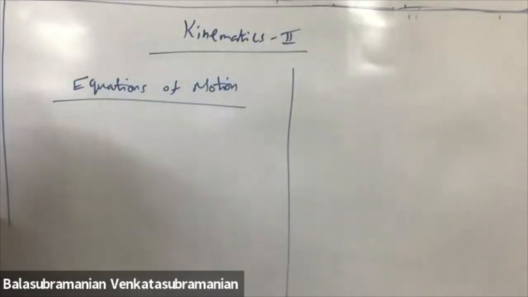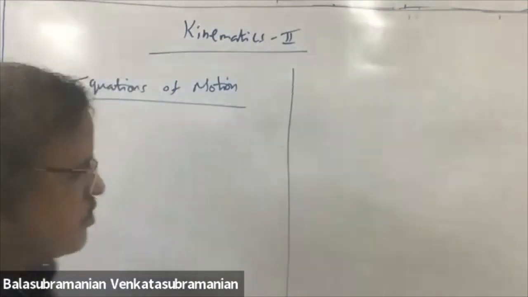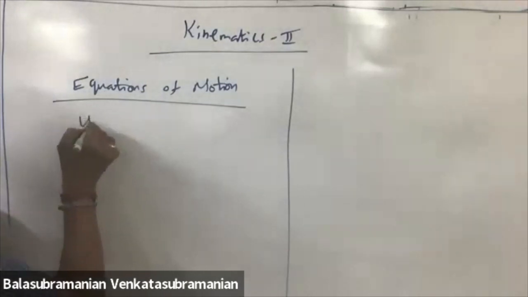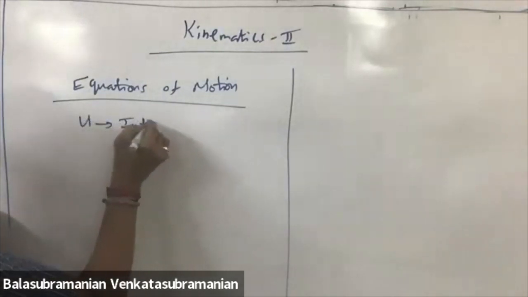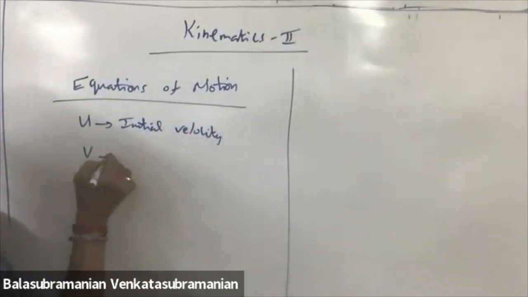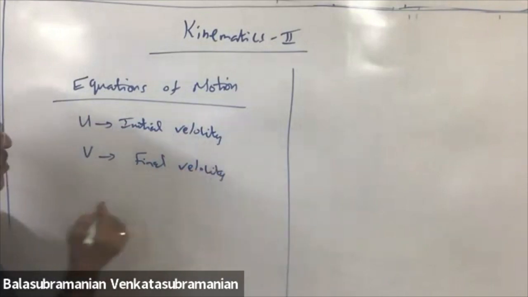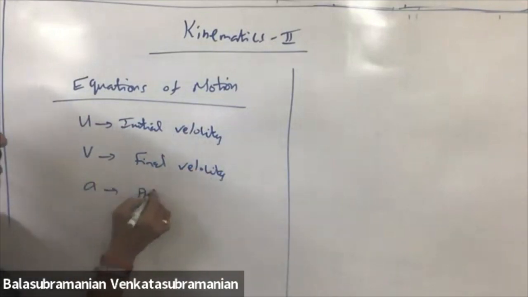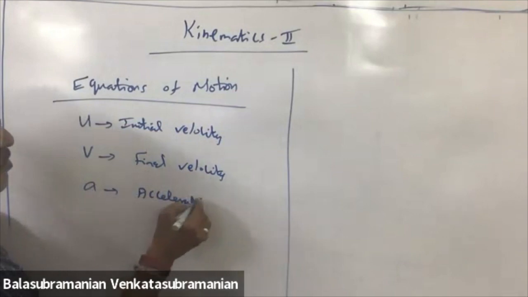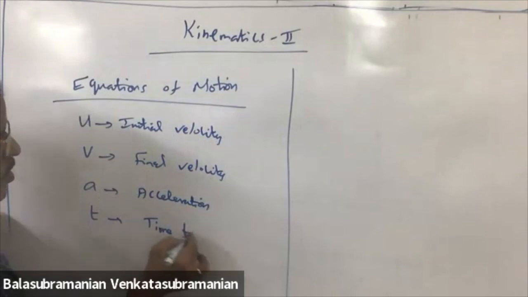Basically, a few things we have to discuss before deriving the equations of motion. Assume u is the initial velocity of the body which is moving, v is the final velocity, a is the acceleration produced, t is the time taken, and s is the displacement.